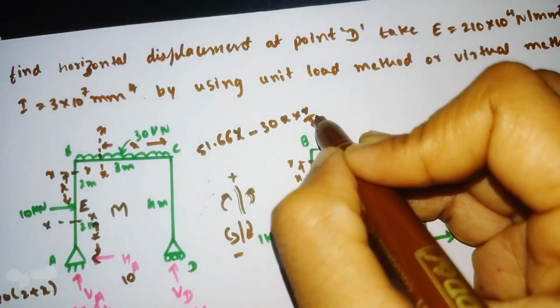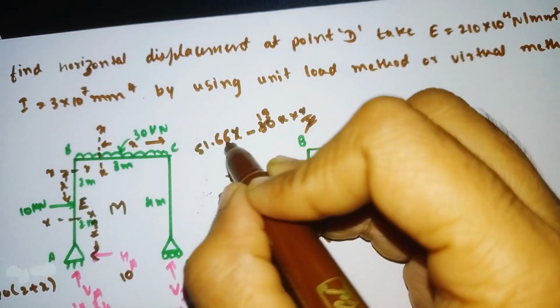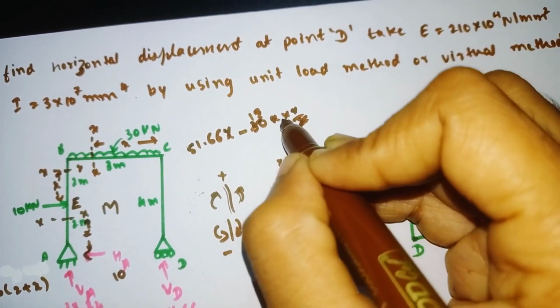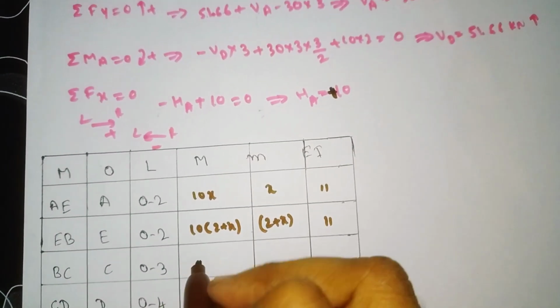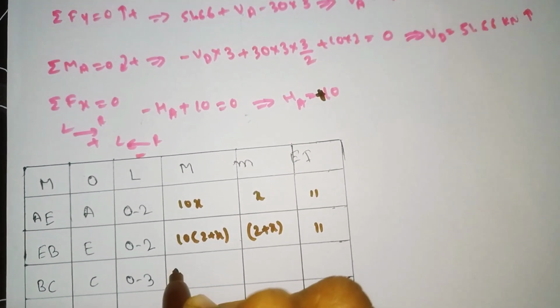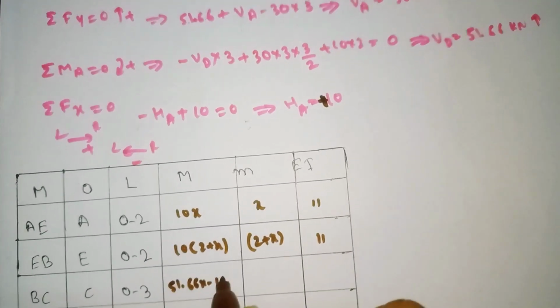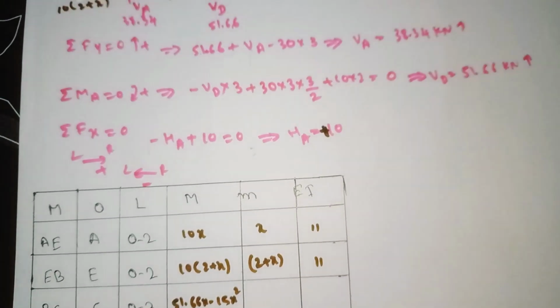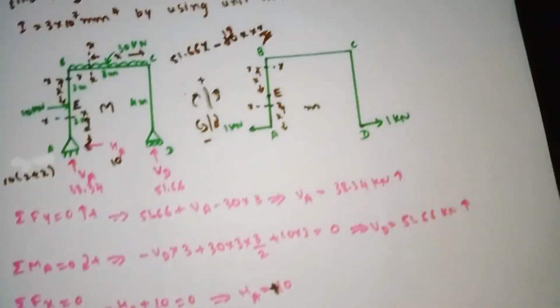Now solve it: 2 1 ja, 2 15 ja. So it will become 51.66x minus 15x square. So our M will be 51.66x minus 15x square.